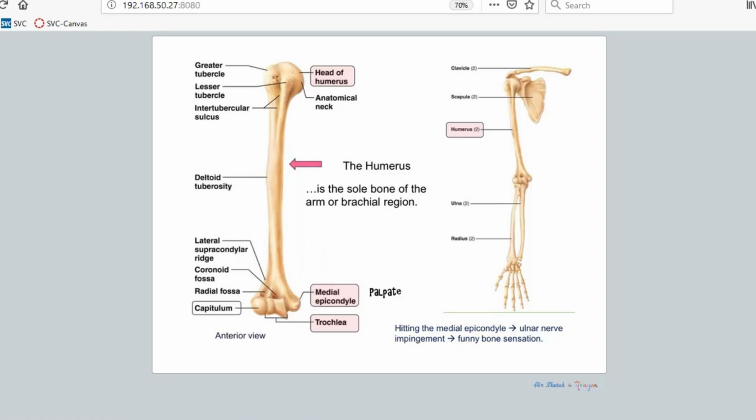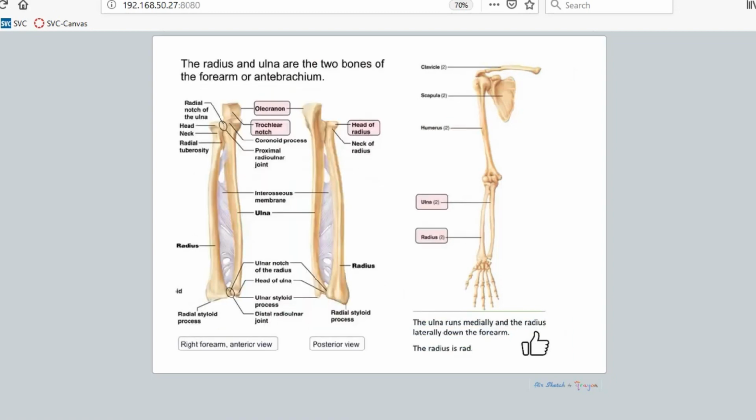Another bone marking we need to know is the trochlea. That's the trochlea right there. And the trochlea is going to be important because that's going to help form the elbow joint. All right, then we get down to the forearm, or the antebrachial region, and there's two bones that make up the antebrachial region.